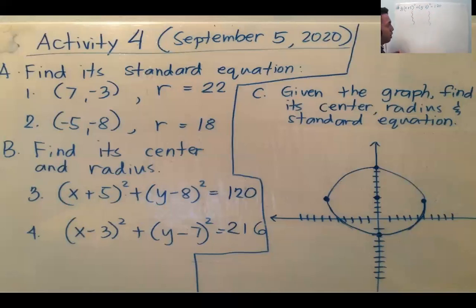Divide them into 3. Negative h equals, negative k equals, r squared equals. Okay? Negative h equals 5. Negative k equals negative 8. R squared equals 120. Okay?